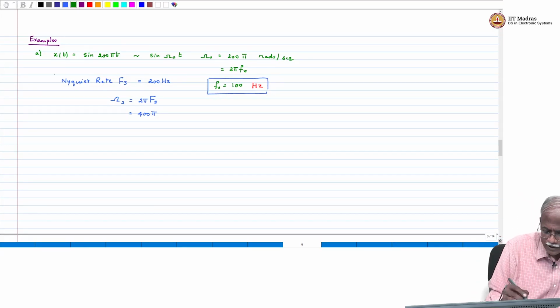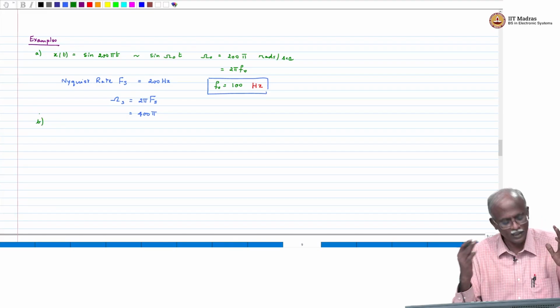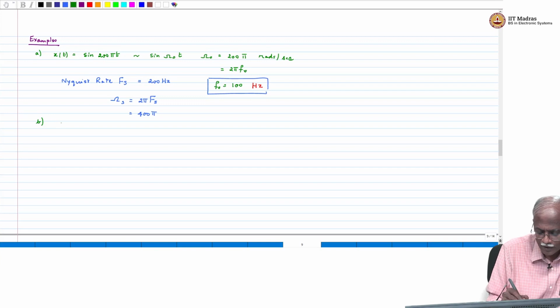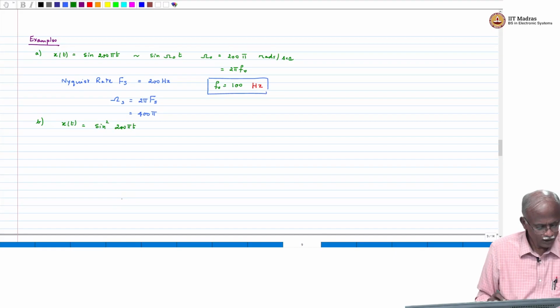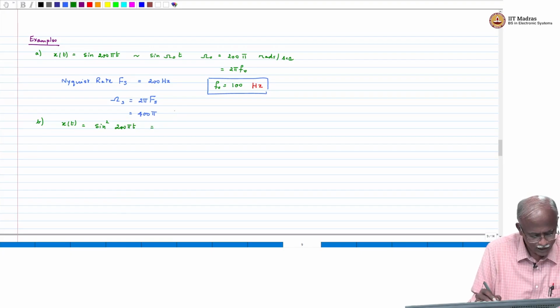Now, let us look at some simple extensions of this problem, just to get comfortable with applying the Nyquist criterion. If x of t is equal to sin squared 200 pi t. You know that you can write sin squared theta as 1 minus cosine 2 theta, the whole divided by 2. So this will be 1 minus cosine of 400 pi t, the whole divided by 2.